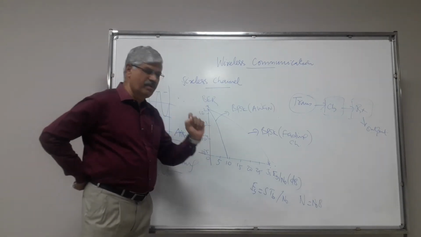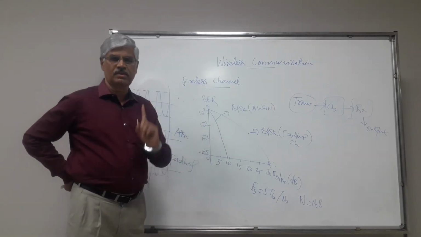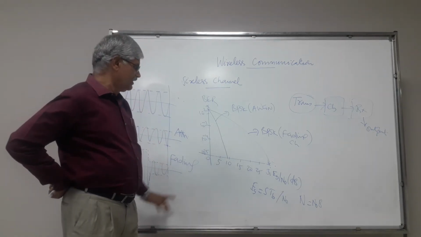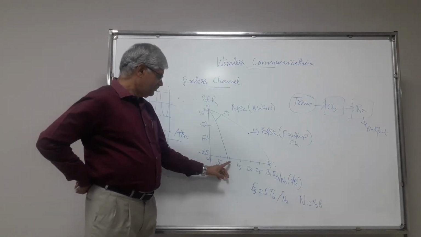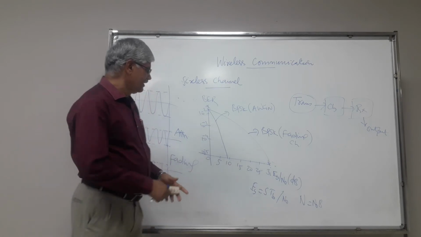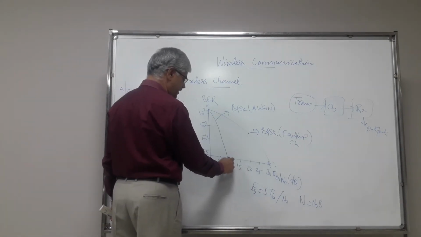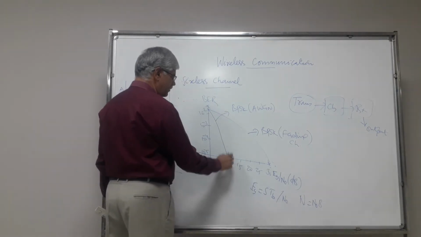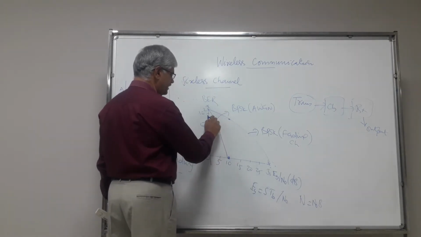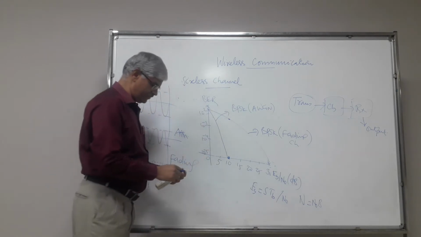Now, to just mention one technology, we know of error control coding, as I told you. So for example, at 10 dB the bit error rate is 10 power minus 5. In this case, the bit error rate is 10 power minus 2.